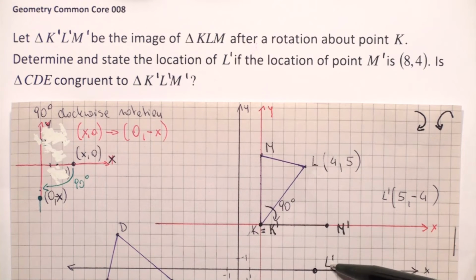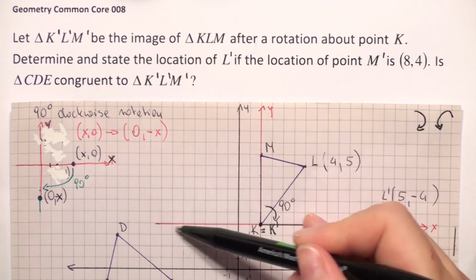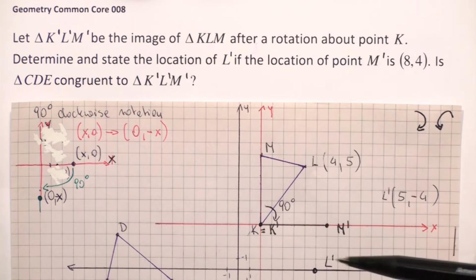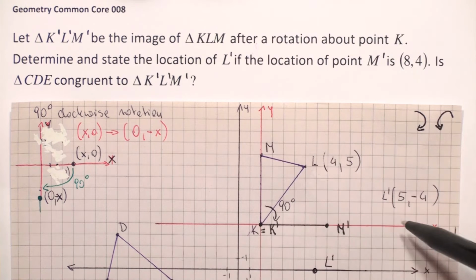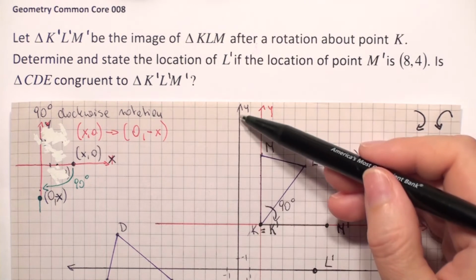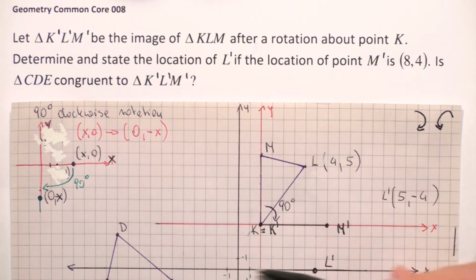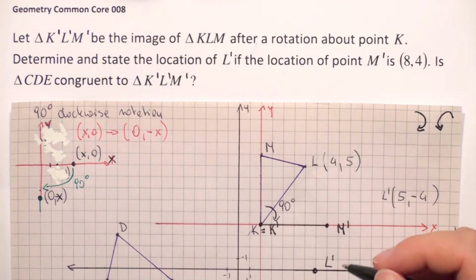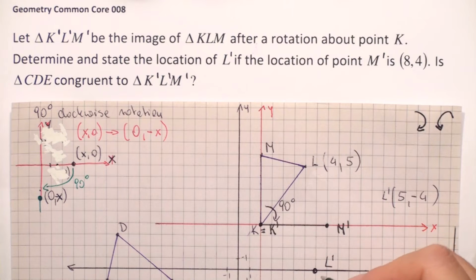We calculate the coordinates of L prime from the new xy plane. And now we have to forget about this new xy red plane, and we come back to the first given xy plane, the black. So we will read the coordinates of L prime from the old xy plane.